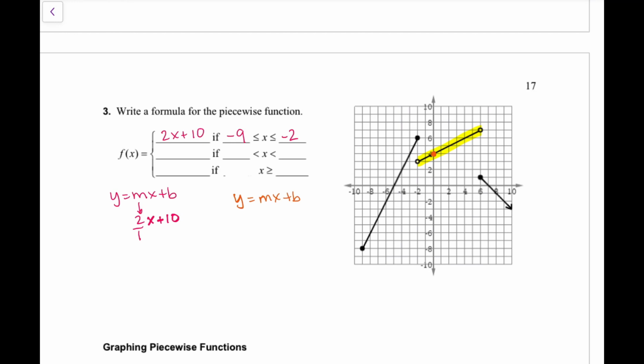We're beginning at 4, and we go up 1 over 2, so 1/2 x plus 4. The x is in between negative 2 and positive 6. We have that 1/2 x plus 4.